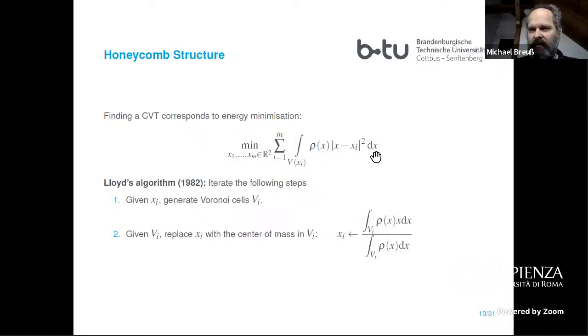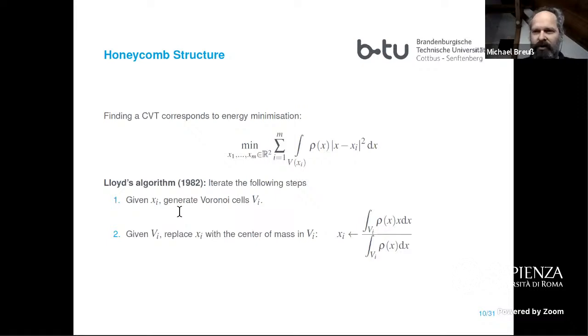The basics on this slide are still easy. A centroidal Voronoi tessellation corresponds to an energy minimization. The energy that you see here looks quite simple: you have this density function rho, you have the generators, and you minimize over the corresponding cells. And then you have Lloyd's algorithm, an old algorithm from 1982.